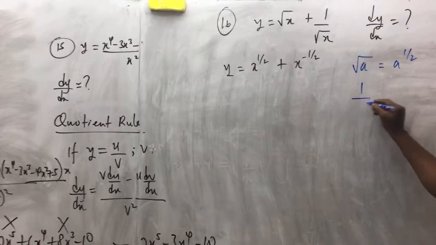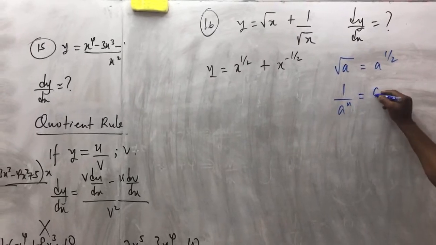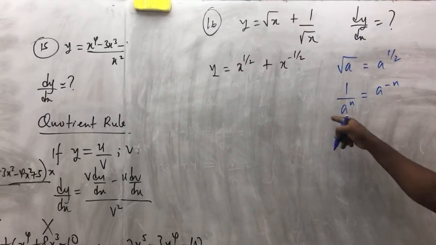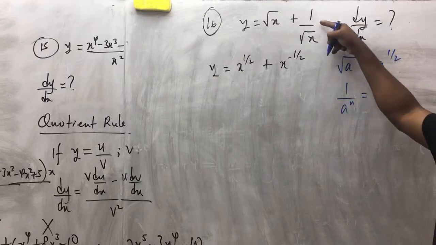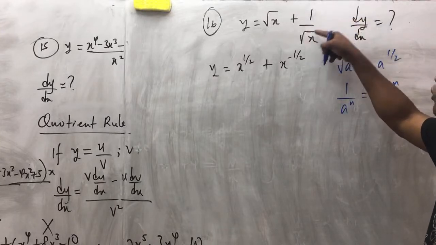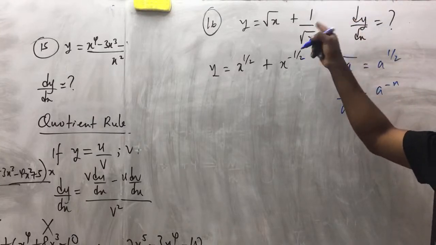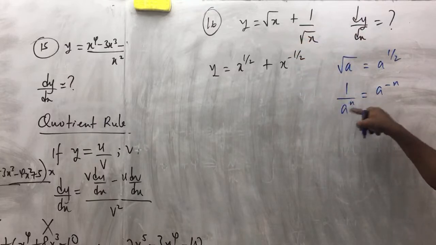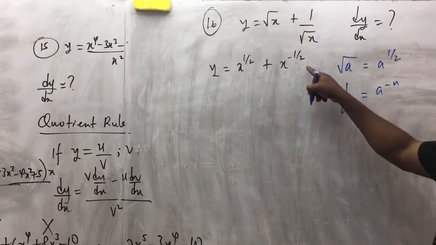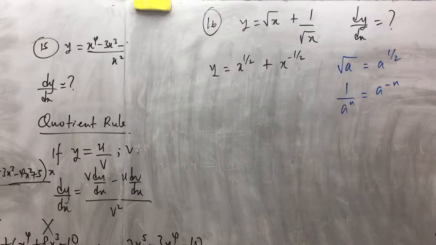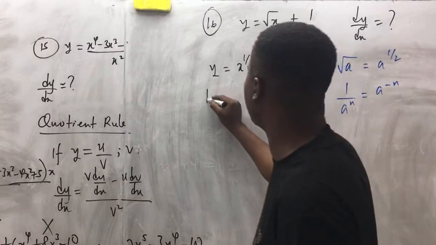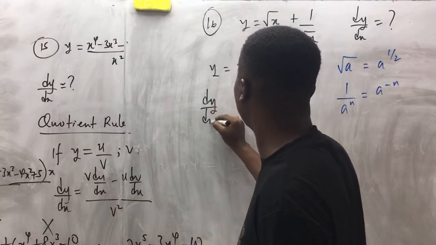And 1 over a raised to power n from indices is a raised to power minus n. So what I have done here is to say 1 over square root of x, which is 1 over x raised to power half. Now, using the second law of indices, it translates into this. So, once you can do this, the problem is simple to differentiate. So, you can now use the rule we used earlier on.